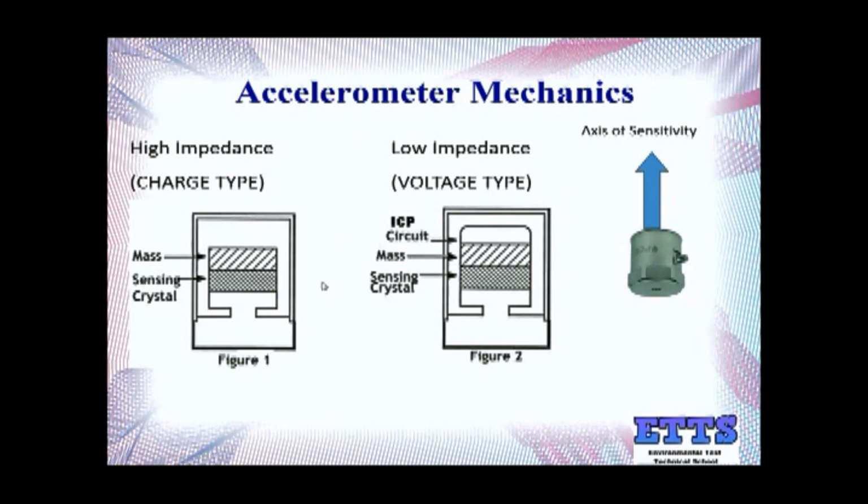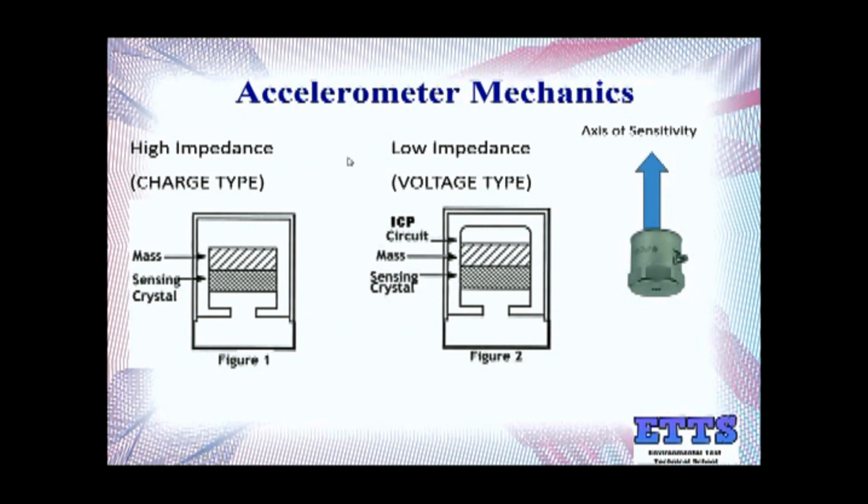Now the difference, a charge type accelerometer will output its charge to a signal conditioner, which converts the signal to a voltage signal, which is then sent to the vibe controller.